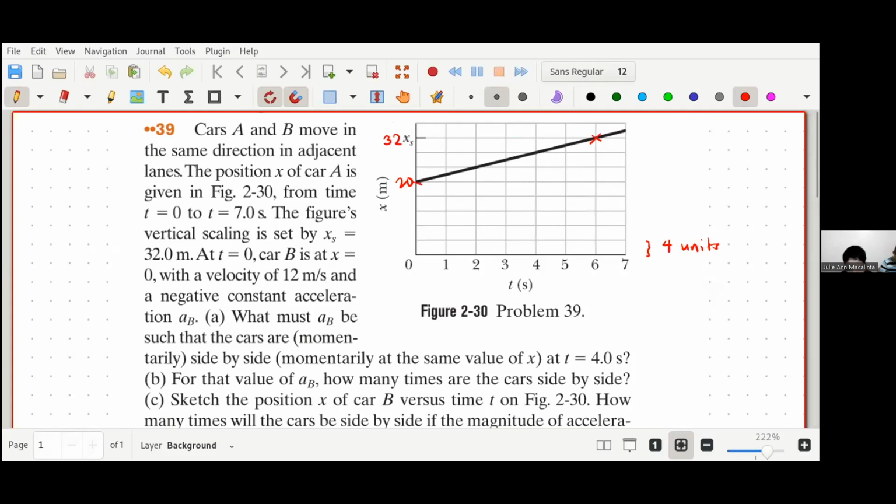So let's get the equation of x versus t. So here we have the points 6 and 32. Ito, yung point dyan ay 0 and 20. 4, 8, 12, 16, 20. Kasi 4 units, di ba?